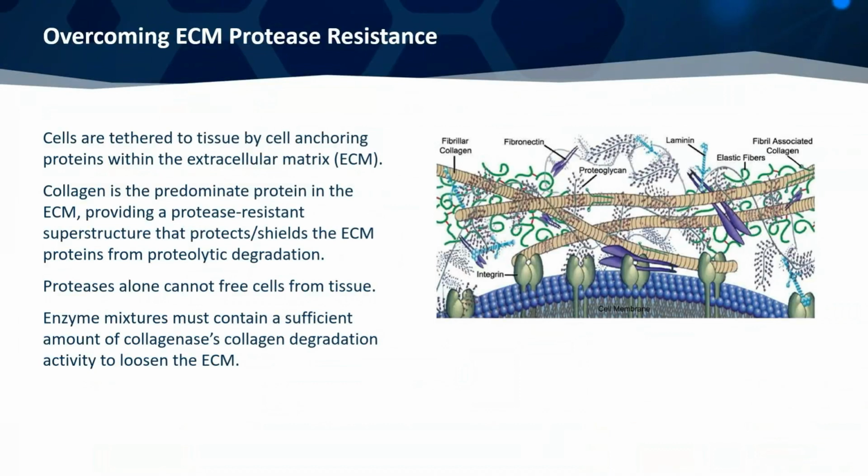And this, of course, we know for many years, proteases alone cannot free cells from tissue. Enzyme mixtures must contain a sufficient amount of collagenases, collagen degradation activity to start to free cells from tissue.